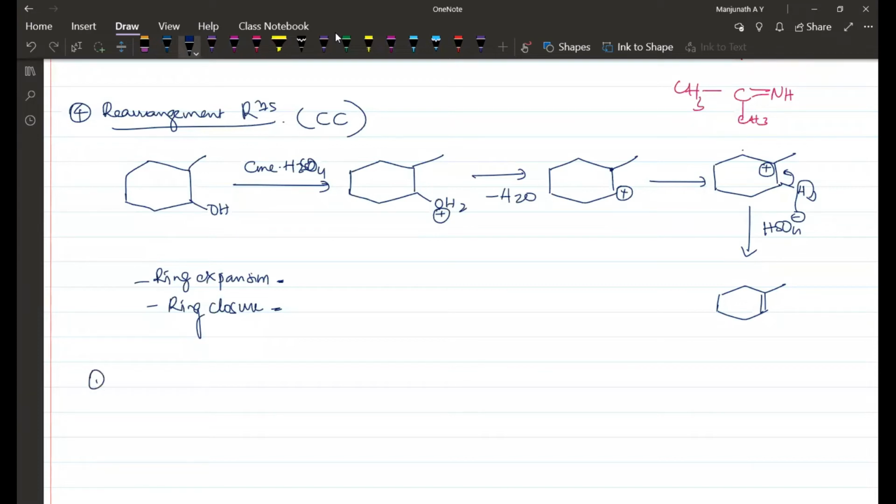Just to make sure that you recollect it, I will give one example here. This is the reactant which I have, with concentrated H2SO4.